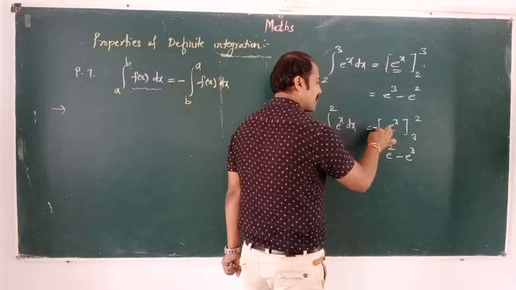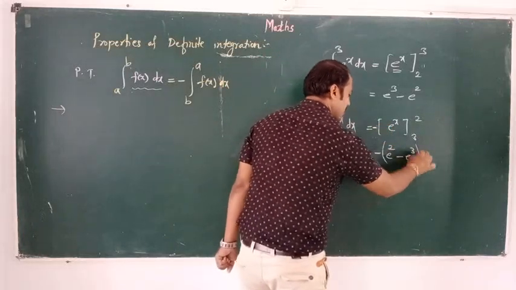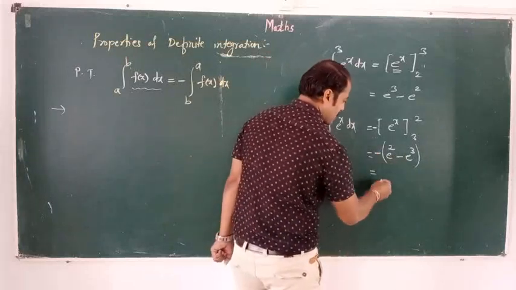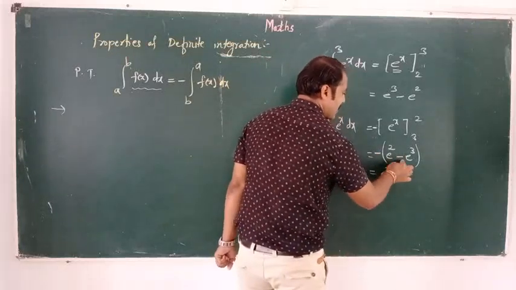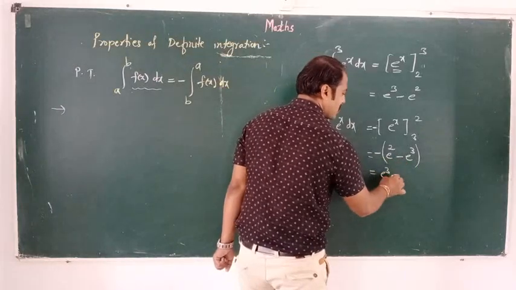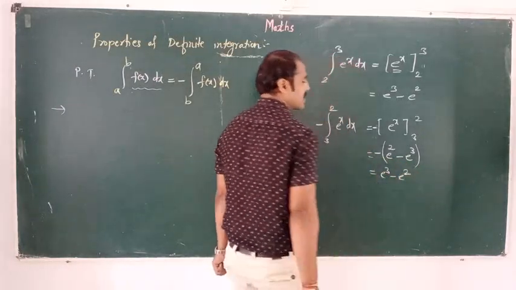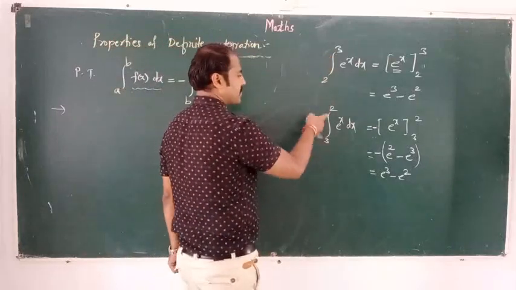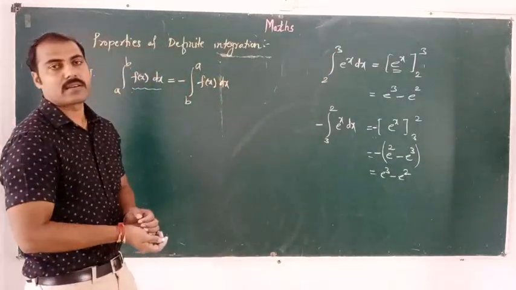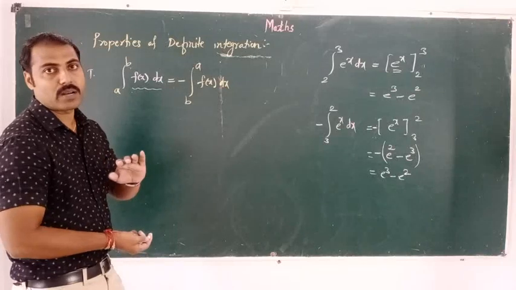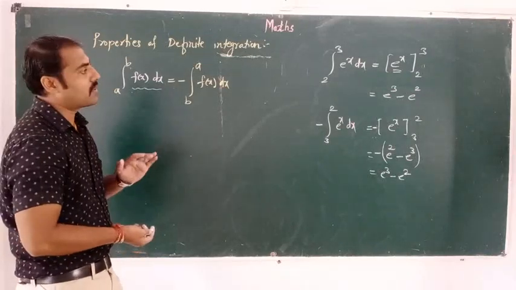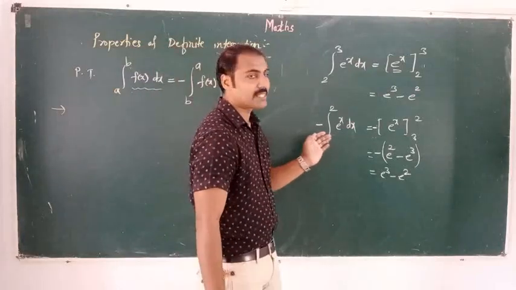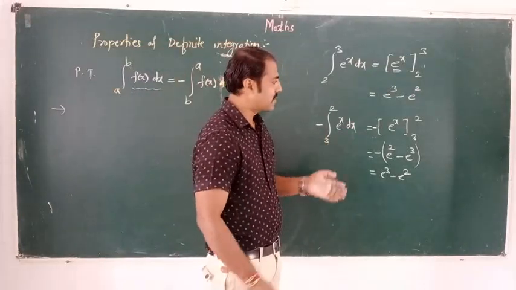Write a minus sign here, and after simplification we get e raised to 3, negative becomes positive and positive becomes negative, e raised to 3 minus e square. So if we change the lower limit and upper limit of definite integration, then the value of the definite integration changes by sign.